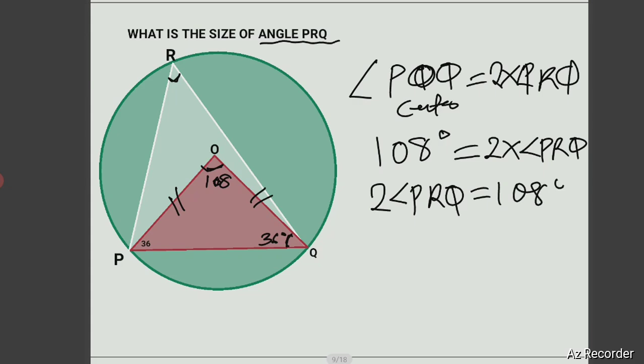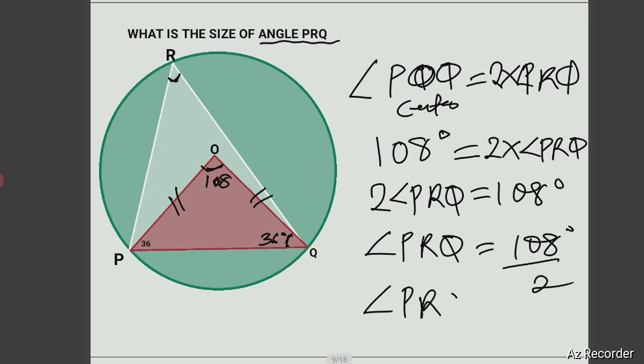Angle PRQ now gives us 108 degrees divided by 2. If we divide this by 2, we have 54. So angle PRQ will be 54 degrees.